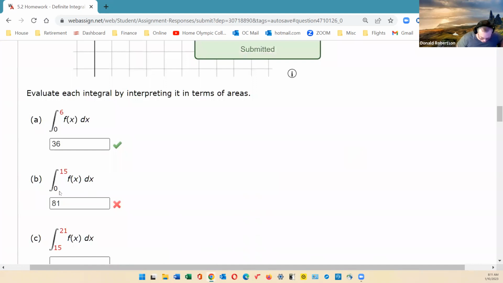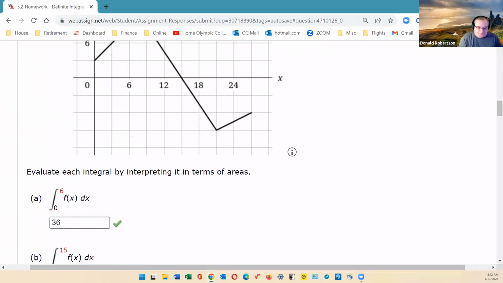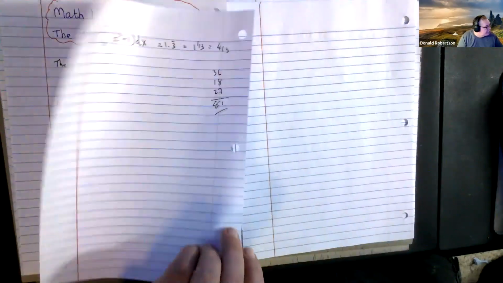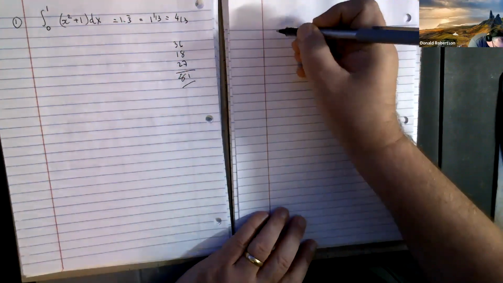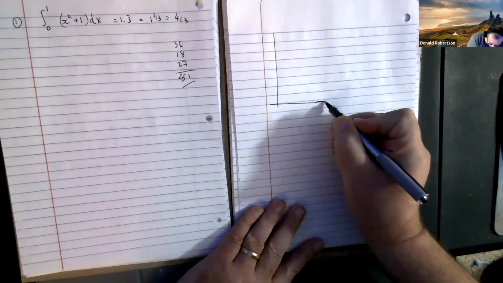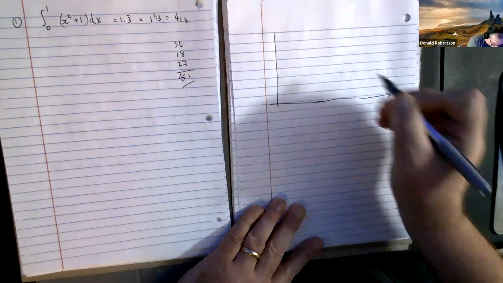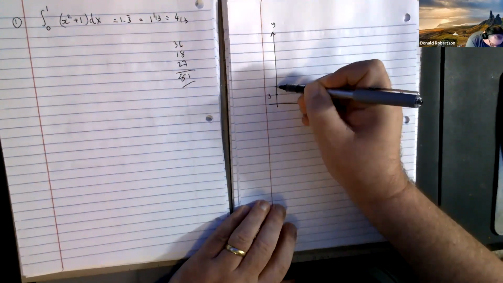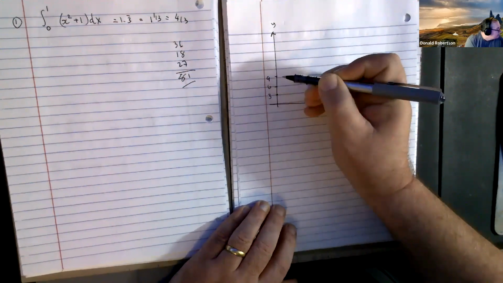And I can't count. So let's figure out why I can't count. Right. The shape that we are trying to find. So I'm actually going to draw the damn thing. I think it's the only way to make sure that I can put all my boxes in and count them properly. Looks something like this. This scale here goes 3, 6, 9.